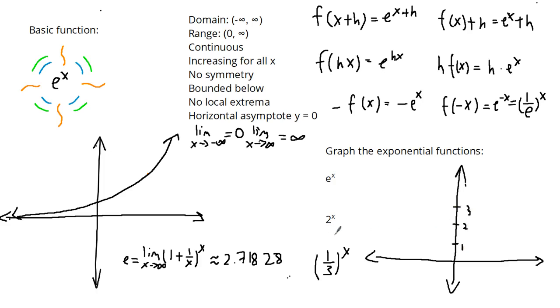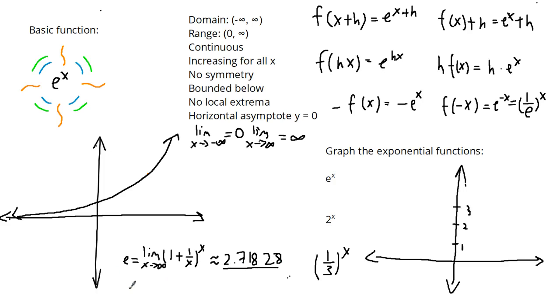And if you're wondering what e is, it's the limit as x approaches infinity of (1 plus 1 over x) to the x power, which is about this much. Basically, when you're compounding interest at 100% interest, which is really nice, and you compound it forever, you'll get that much times your money per year.